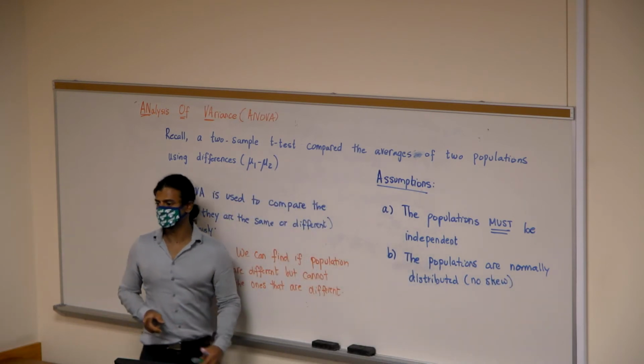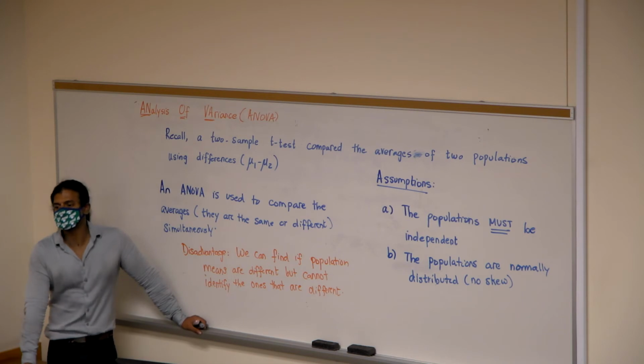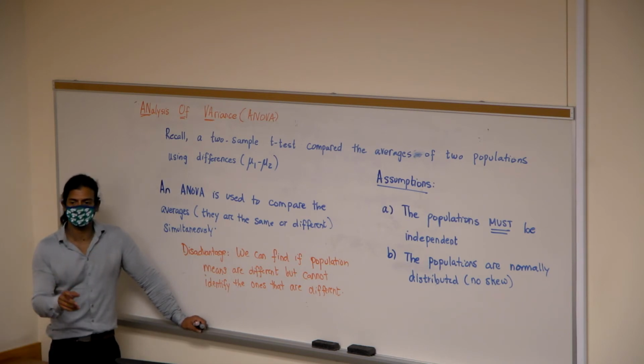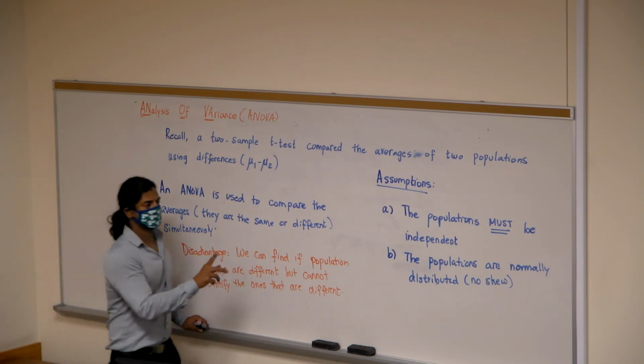The populations must be normally distributed in the sense that they cannot have a skew or bias. It cannot be there.